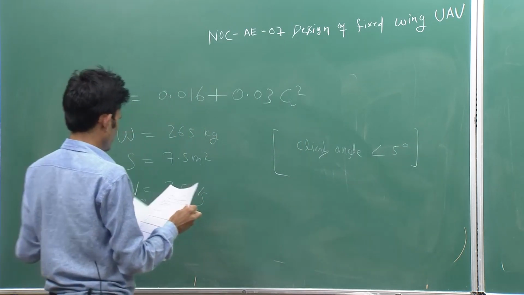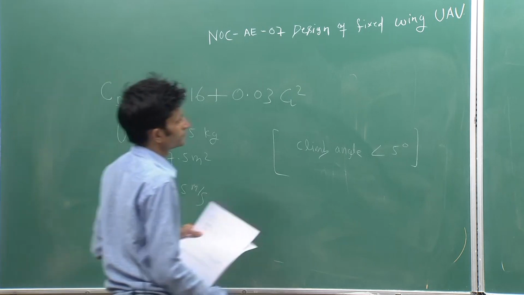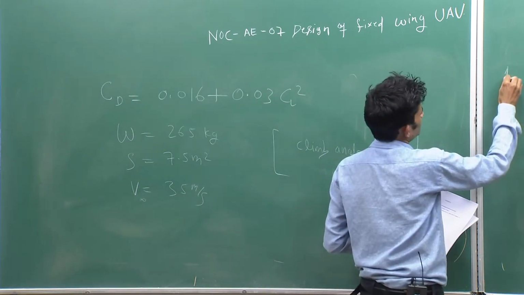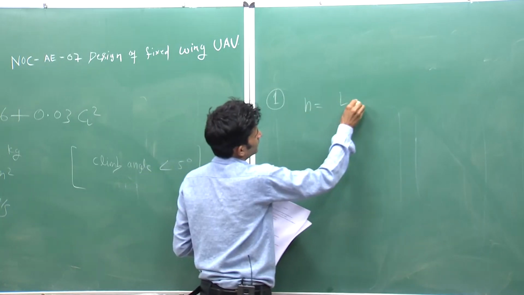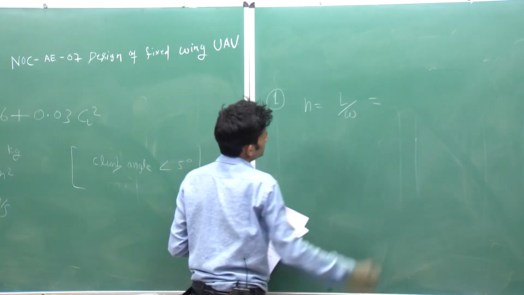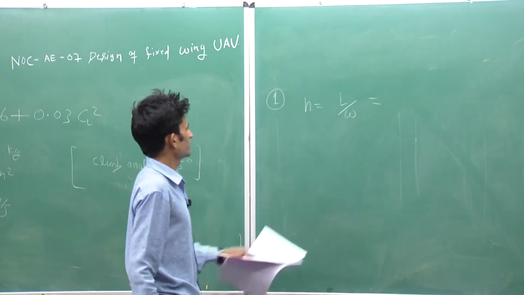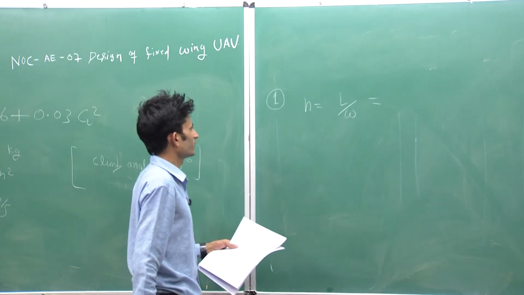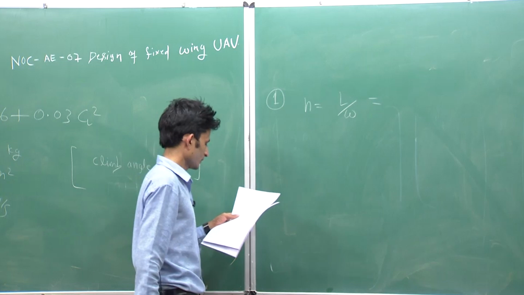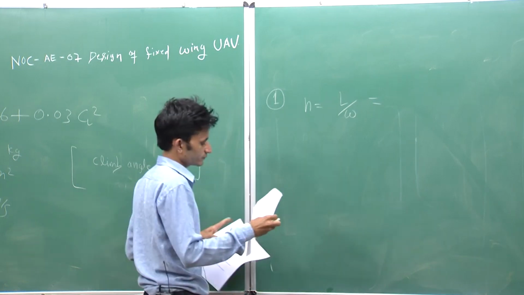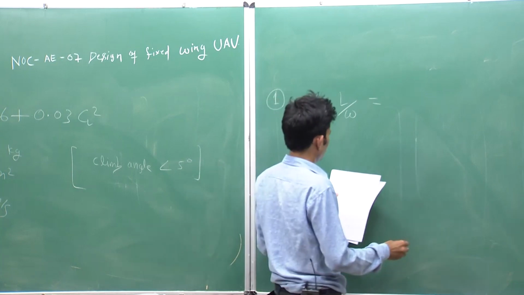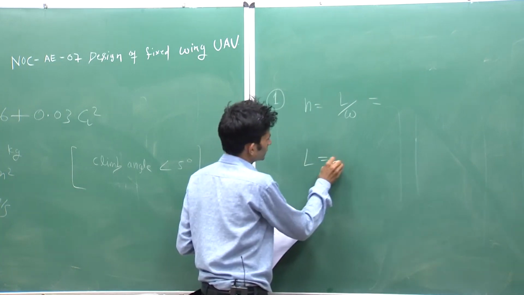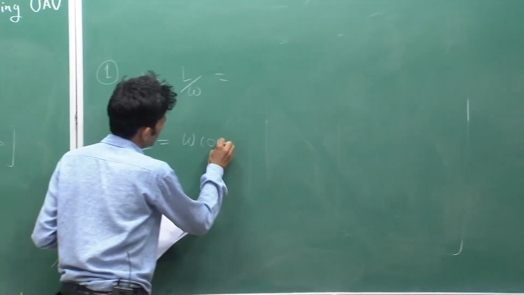In the first question you have to find the load factor, which is nothing but lift divided by weight. At cruise condition lift will be the weight, so it will be 1 only, but what will it be in climb condition? When you are climbing, your lift will be balanced by W cos gamma.